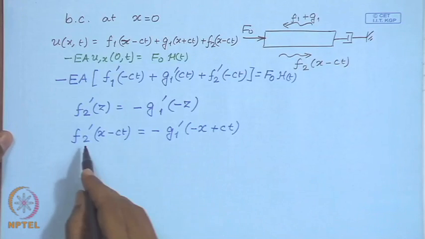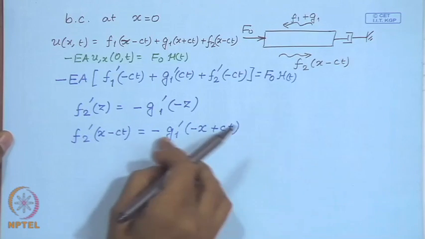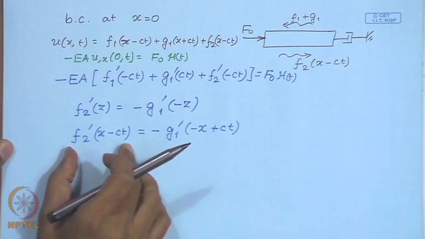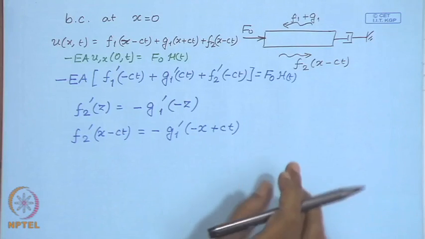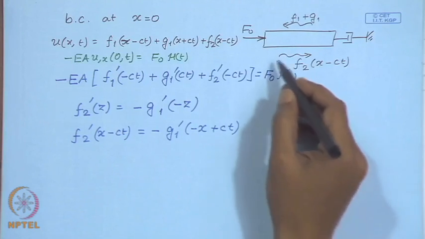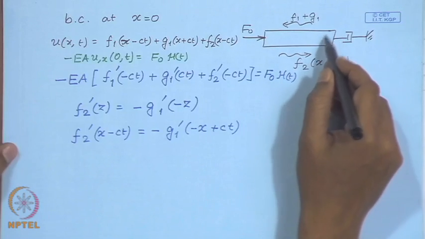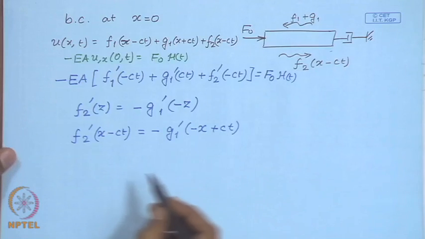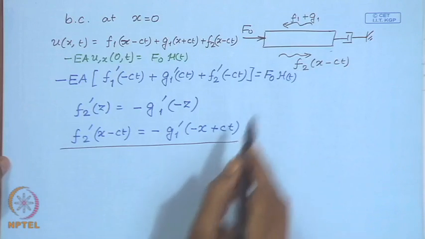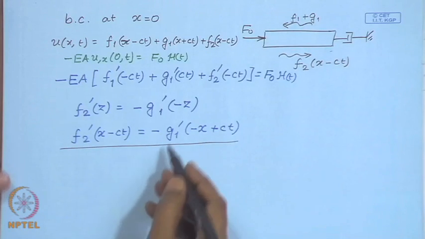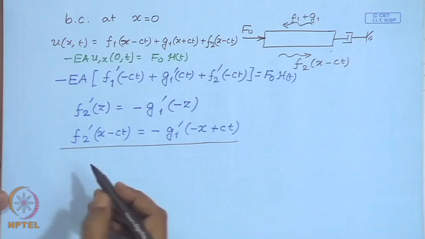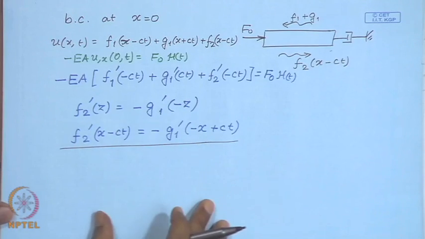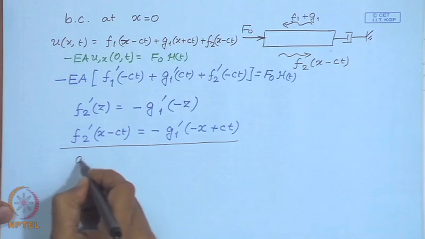Now, since we already have this g 1 prime, we know what f 2 prime is. So, you see we have solved one reflection at the right boundary and the second reflection at the left boundary, and if you continue this process you can keep solving one after the other, and it so happens that these reflected waves follow a recursion.